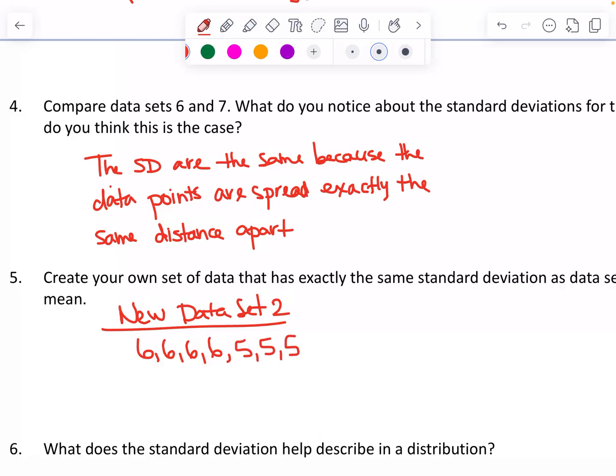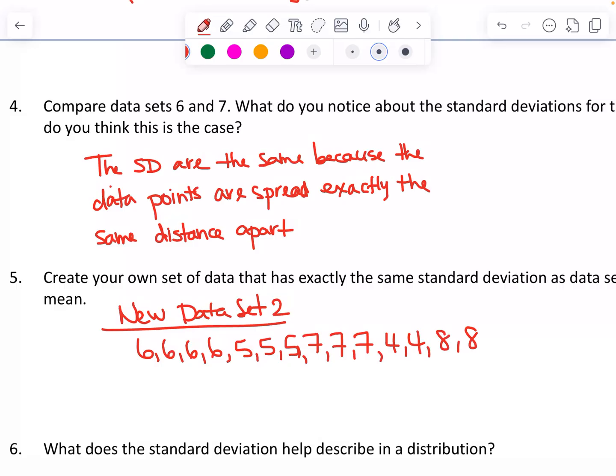So I'm just adding one number to each of the data set in set 2, then 4, 4, and then 8, 8. Now, if we put this into Desmos, we would see that our standard deviation is still 1.3, right?